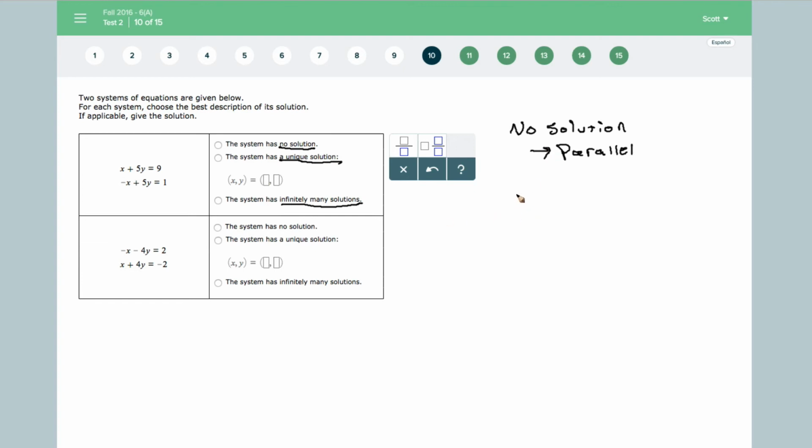If there's one solution, then they're different equations, so you'll have different lines, and where they cross is your one solution. And infinitely many solutions means that they are the exact same line or the exact same equation.